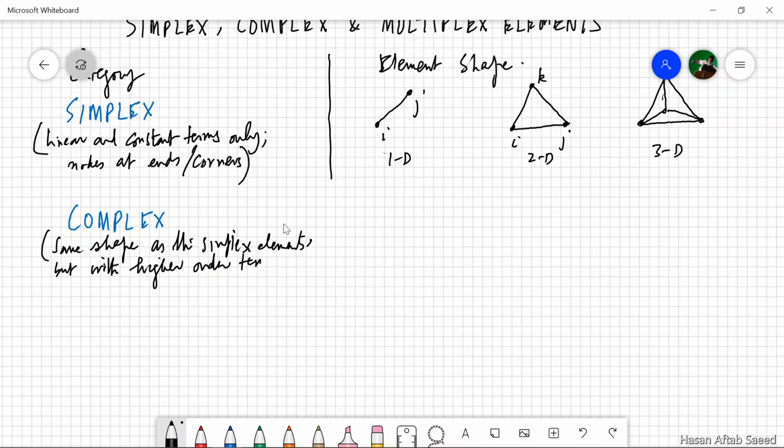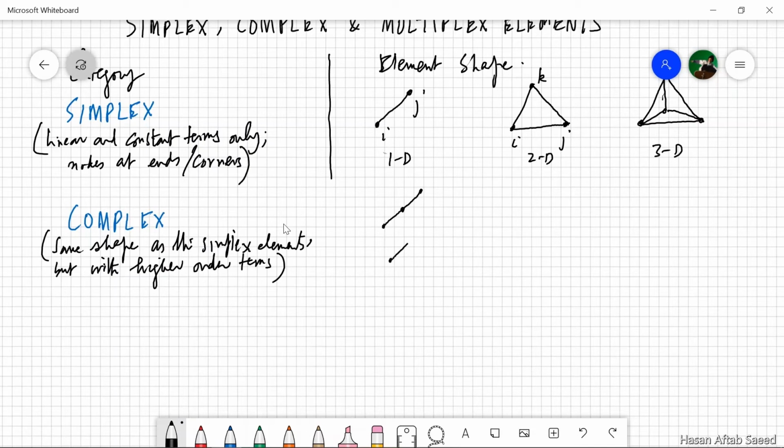So this means the difference between simplex and complex is that the shapes are the same, but complex elements will use higher order terms. We have just seen some higher order displacement functions, and if you talk about 1D, then this is a higher order element because you have three nodes, and this means that quadratic function has been used.